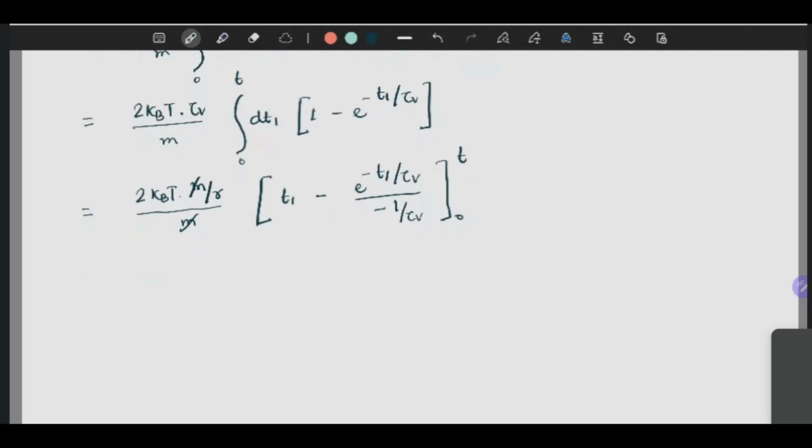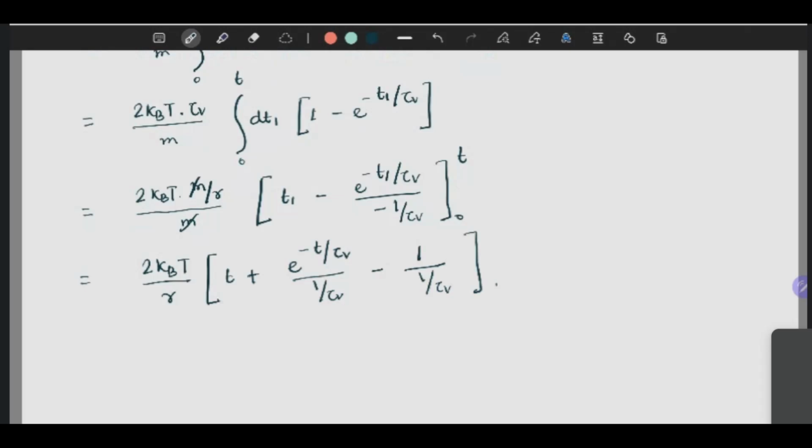So for the first term it becomes 2 kBT by gamma for sure, and it will be t, and for the second term plus e to the power minus t by tau v by 1 by tau v, minus 1 by 1 by tau v.